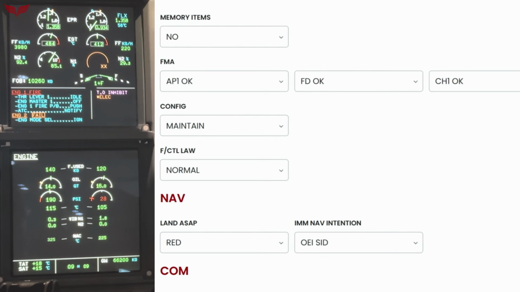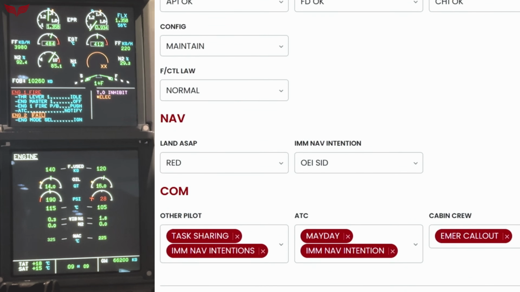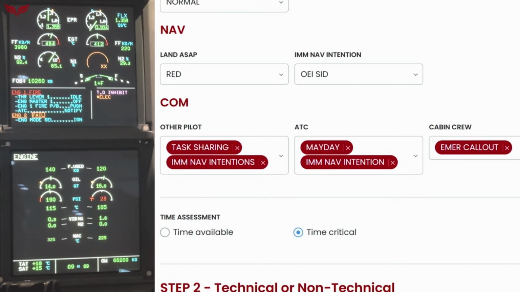Autopilot is in, flight directors are fine, and auto thrust channel 1 is okay. Configuration: maintain flaps 1 and flight control low is normal. Now navigate. We have a red LEN ASA, but first we maintain runway track, the engine out SID, as the safest immediate path until a clear plan is established.